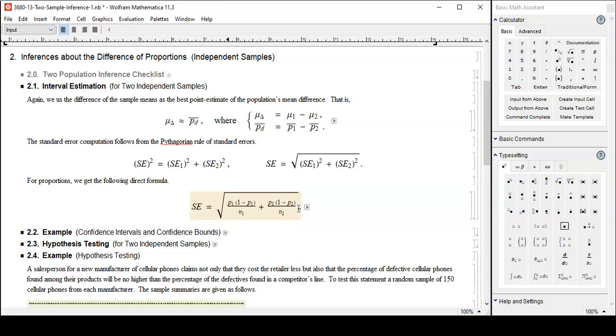Then we could do the interval estimation for two-sample inference for two independent proportions. Okay? If we have two dependent samples, that was even simpler. The same SE and everything will apply, so no problem there. But if you have two independent samples, then you have a new SE, but otherwise everything stays the same.